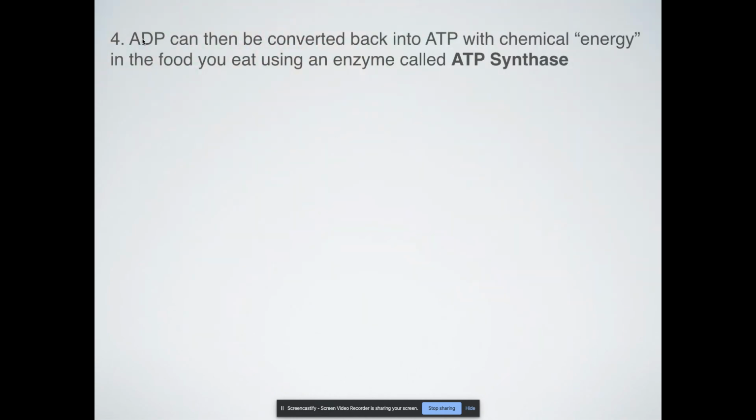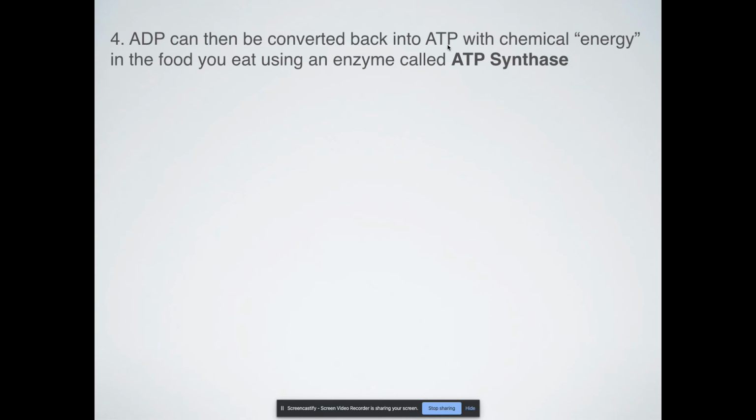Now, ADP can be transformed and converted back into ATP with chemical energy. Now, that chemical energy is found in the food you eat. And the enzyme that does that is called ATP synthase. Remember, what did we say? Enzymes end in ASE. And also, the first part tells you what it does. ATP synth. Synth meaning to manufacture.